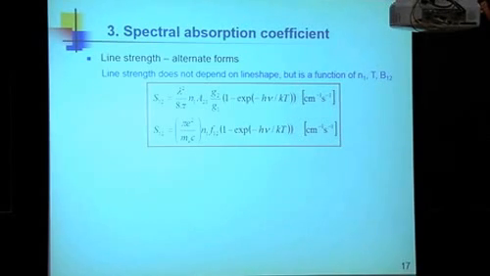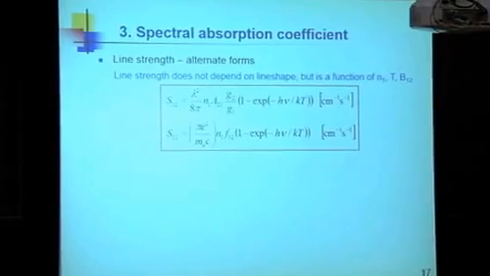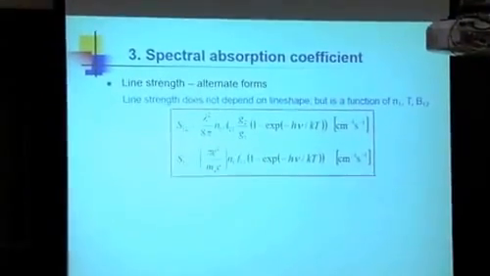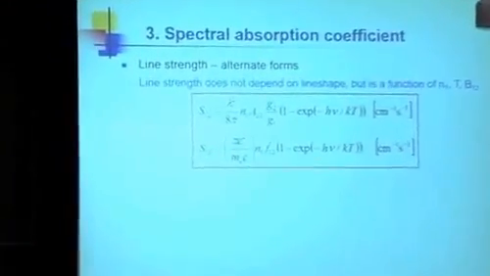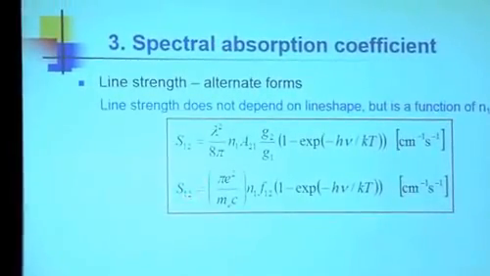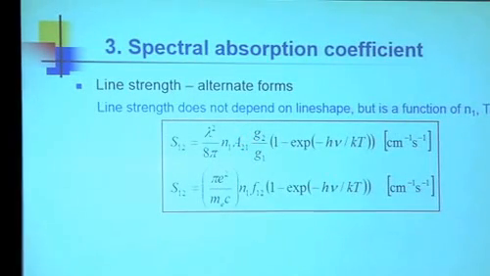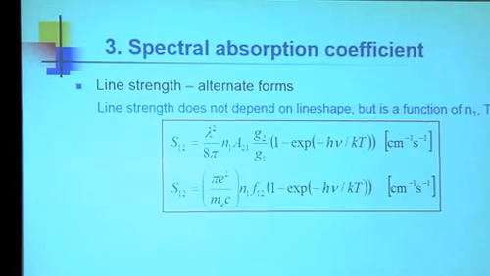I like green. Okay. So you'll see this line strength in different forms. You'll see it in terms of an A coefficient, which has nice simple units, seconds to the minus 1. Or it's in terms of this quantity here.